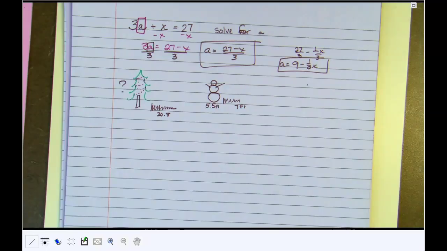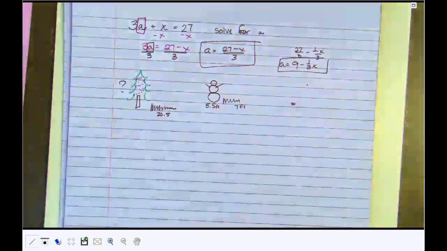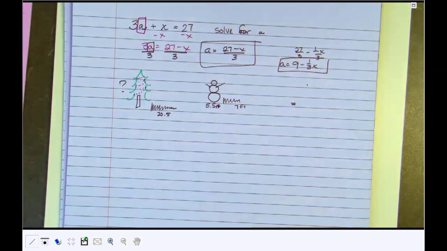Okay, this sets up two fractions that are equal to each other. That's called a proportion. What's one fraction?